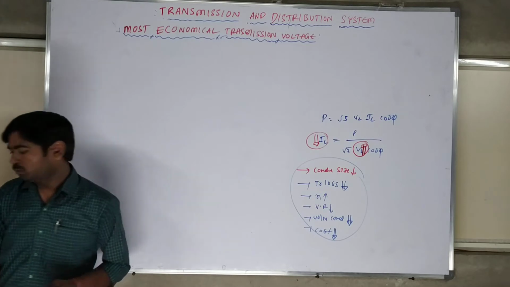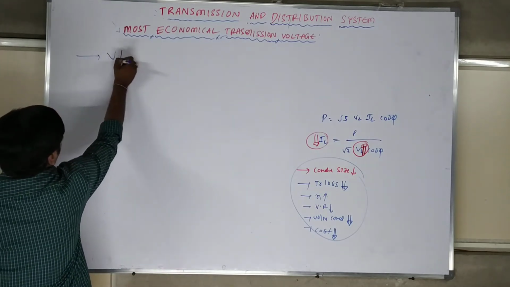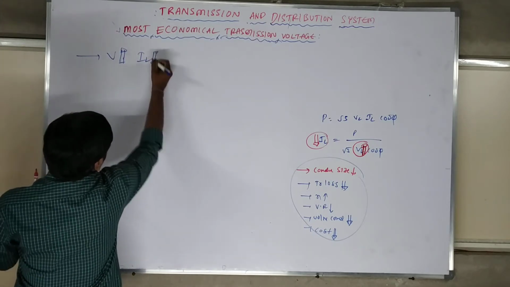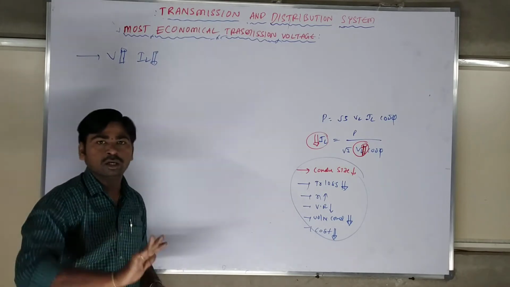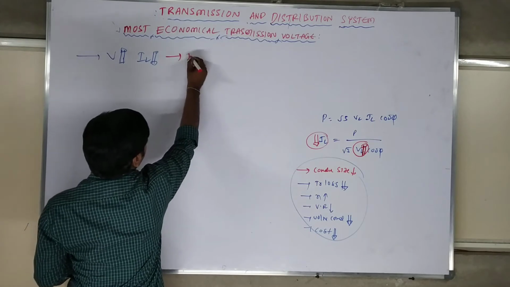So we are thinking about up to what voltage. The moment the voltage increases, current decreases. It's okay. But if the voltage keeps on increasing, after some time the insulation cost also increases.